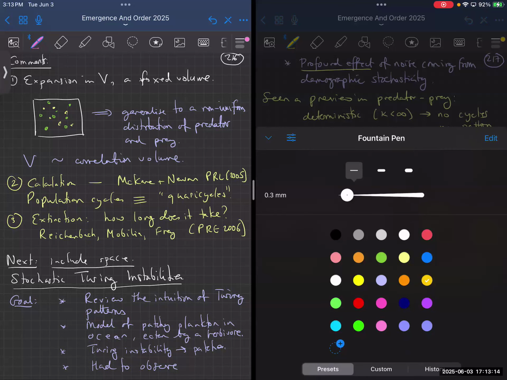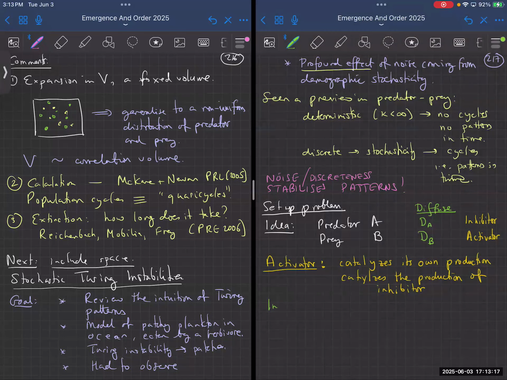What the inhibitor does is it reduces its own concentration and that of the activator. So that's what we mean by activation and inhibition. And in fact, you need both of these things in order to get pattern formation.